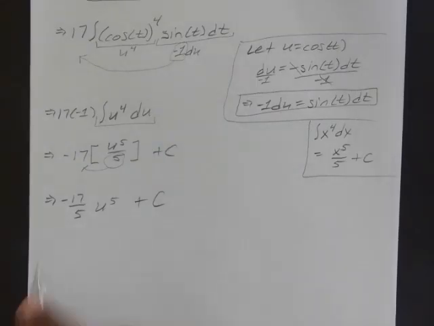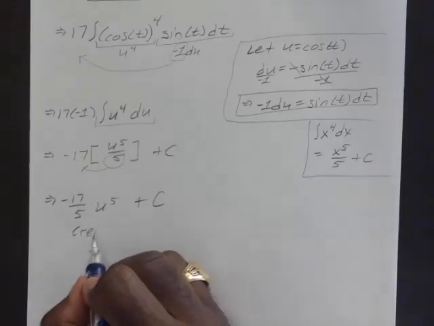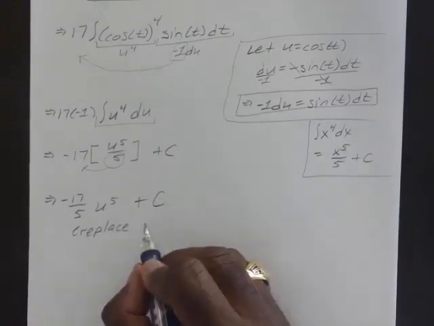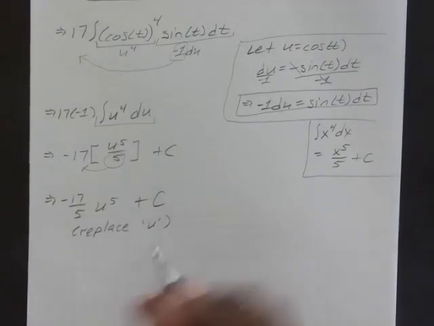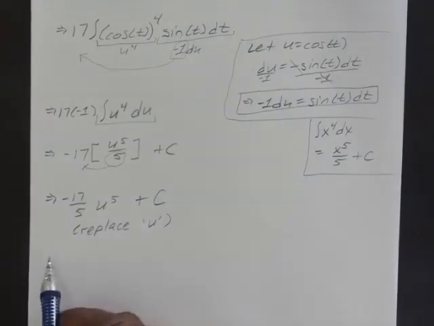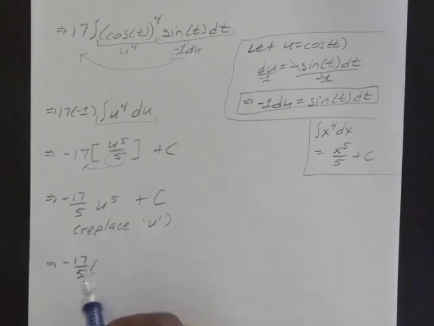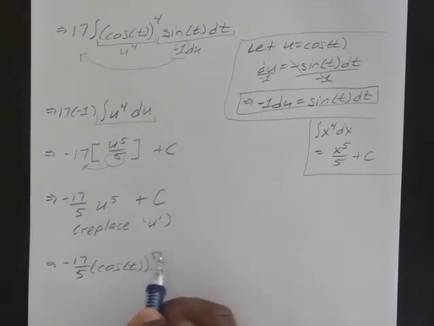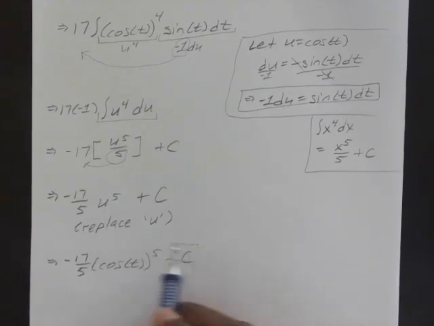Okay, so once we have it all done, the very last step is just to replace the u. So since u is equal to cosine of t, we can just rewrite this as -17 over 5 times cosine of t to the fifth power plus c.